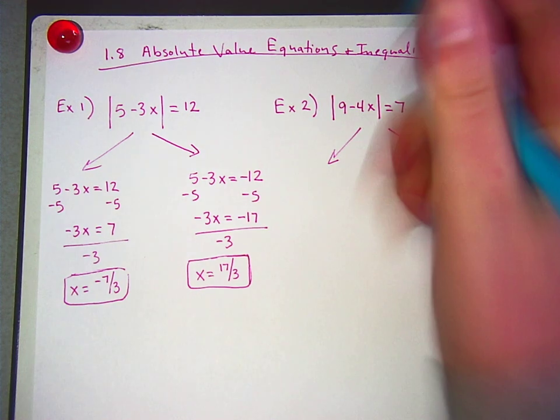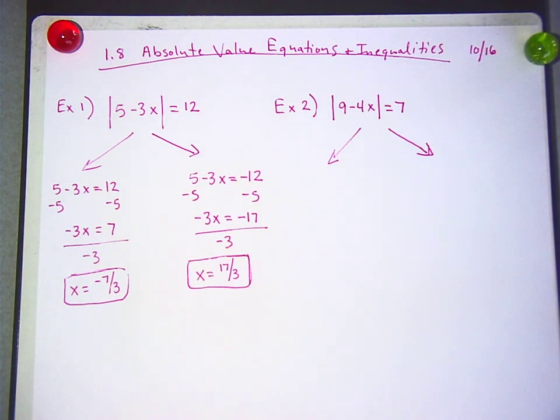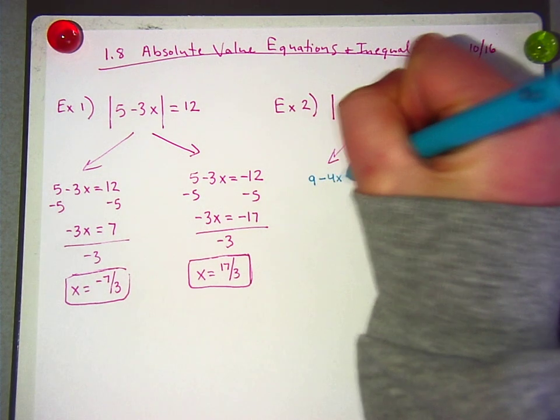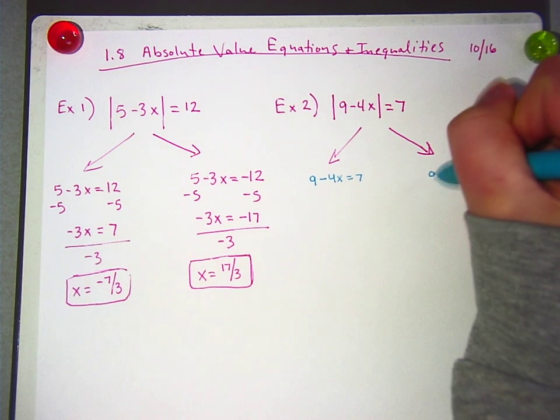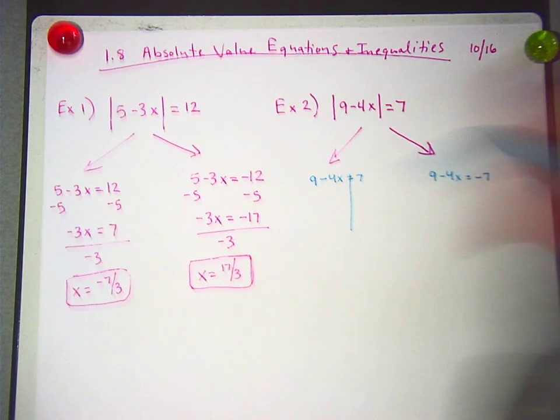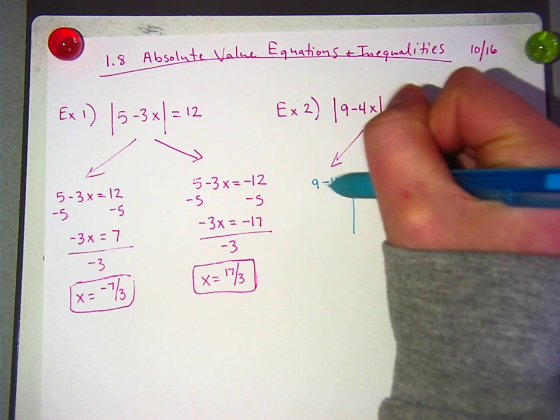I'm ready. Okay, so you start by making two separate equations. And then subtract 9 from both sides.